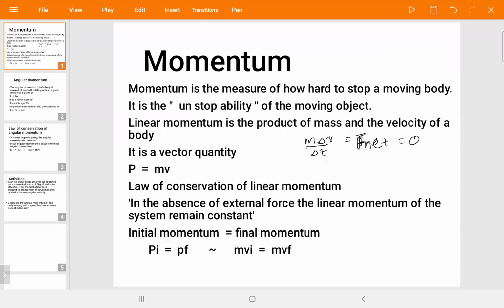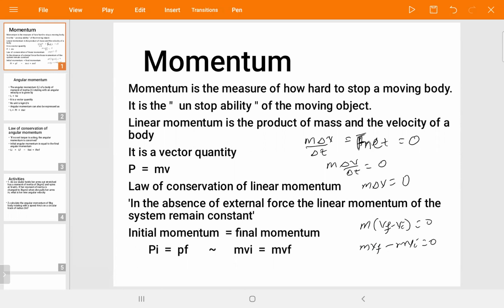Then we're left with mass times change in velocity over change in t equals zero. If we rearrange, m delta v equals zero. But m delta v is m times v final minus v initial, which equals zero. Then m times v final minus m times v initial equals zero.